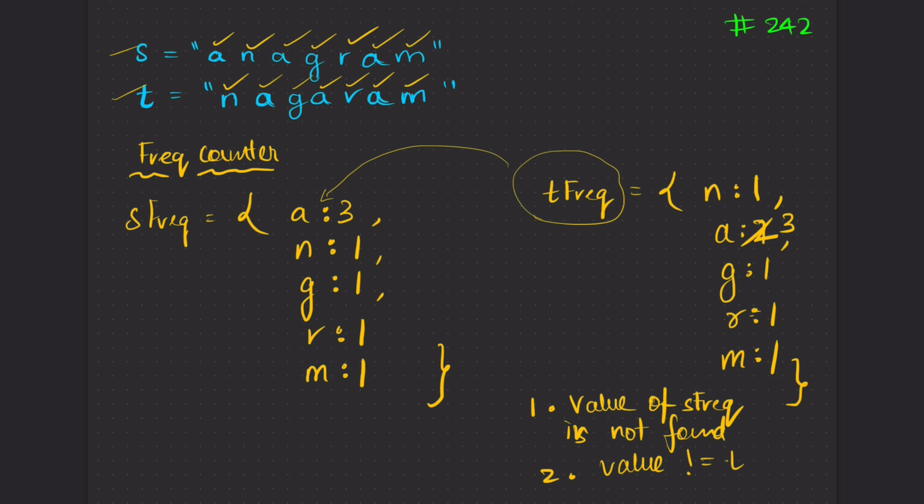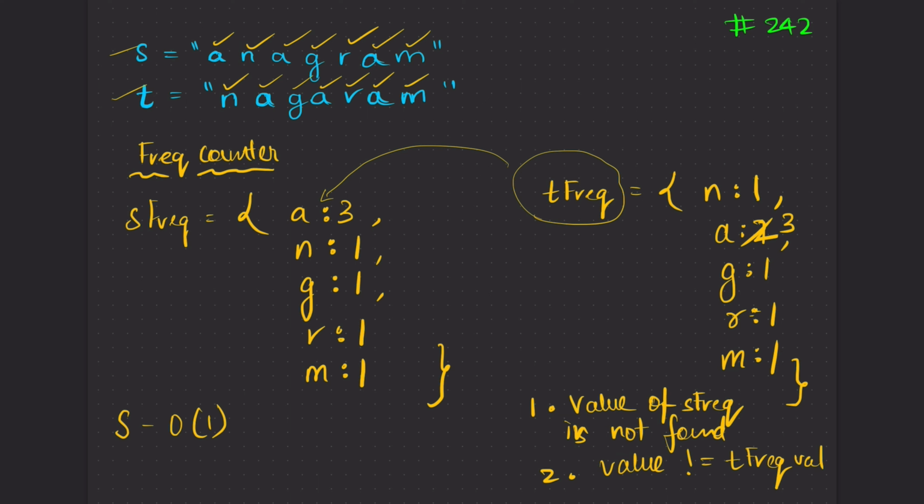Okay, and now let's talk about the time and space complexity. The space complexity would be O of 1 because there are only 26 characters in Latin text. So it would not be O of n because it's not ever growing.